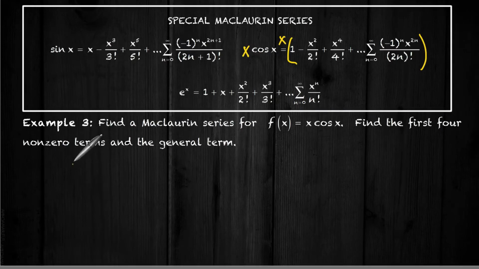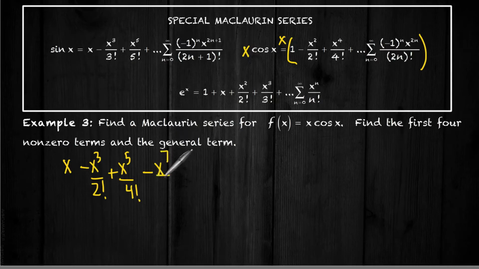So that's going to give us x minus x cubed over 2 factorial plus x to the 5th over 4 factorial. And then we need the next term, which is going to be minus x to the 7th over 6 factorial and plus dot dot dot.